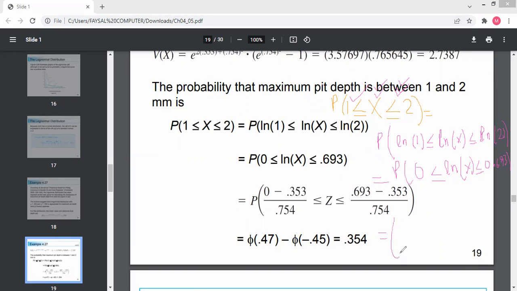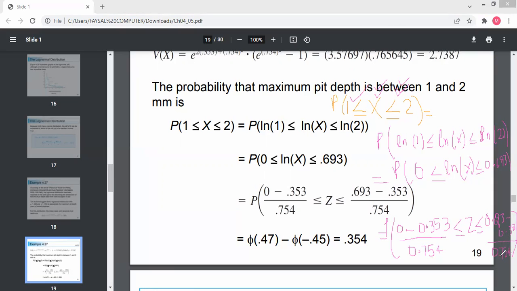For this system, it will be written as P of (0 minus 0.353) whole divided by 0.754, which is less than or equal to z, and which is also less than or equal to (0.693 minus 0.353) whole divided by 0.754.